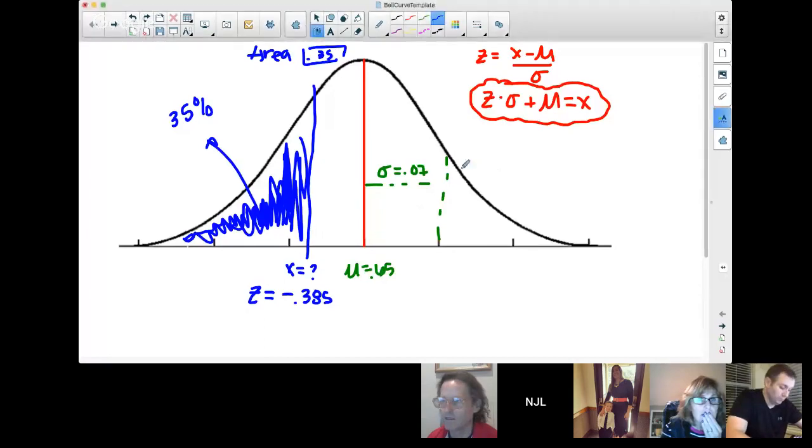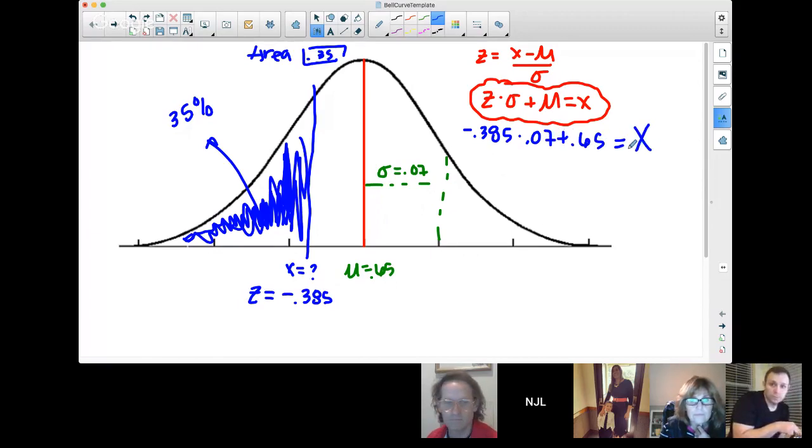Now it's simply just chug some math right here. I know that the z-score is equivalent to negative 0.385. I know the standard deviation is 0.07. And I know the mean is given. Now solve for x and tell me what the protein level is for the 35th percentile.